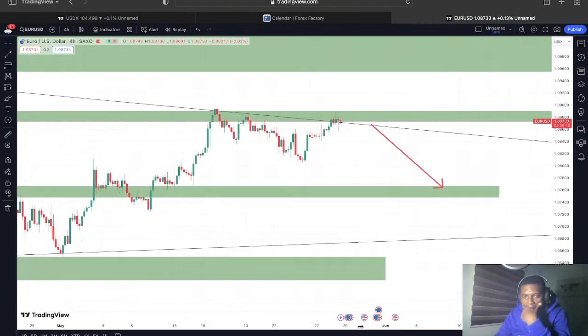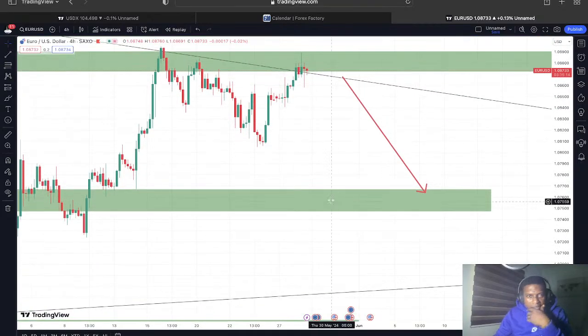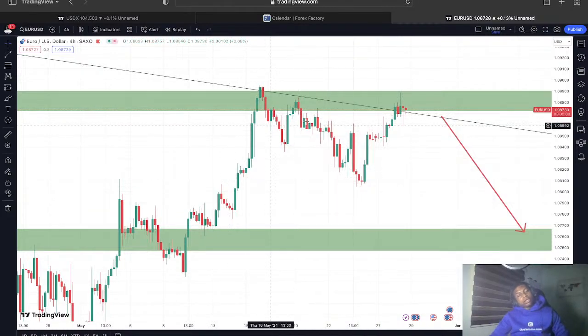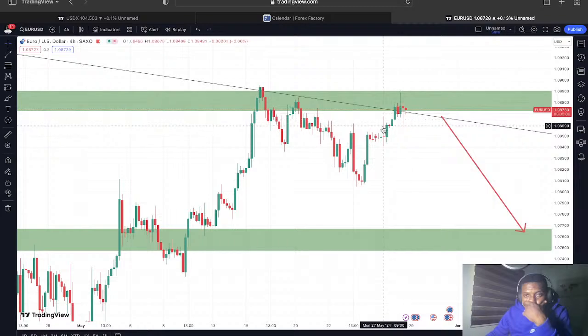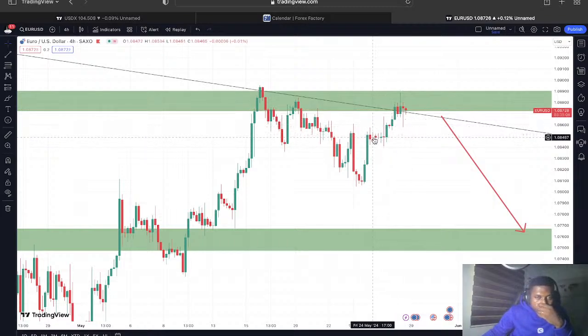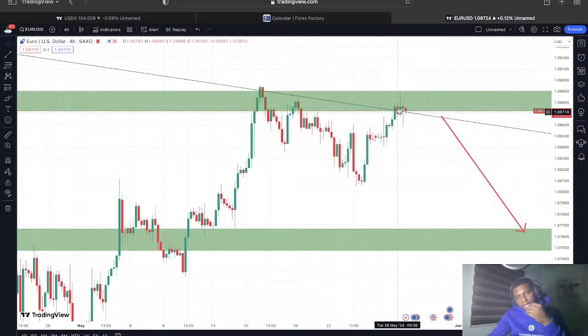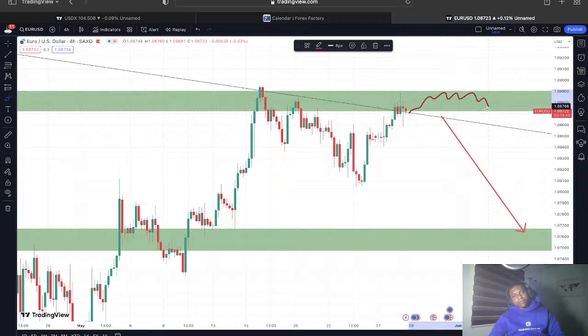So here we are now in the 4 hours time frame, and this is the EUR/USD chart. At this level it's a resistance zone. You can see that price has been showing several reactions at this level. The outlook and forecast is that price, having consolidated at this level, will drop.